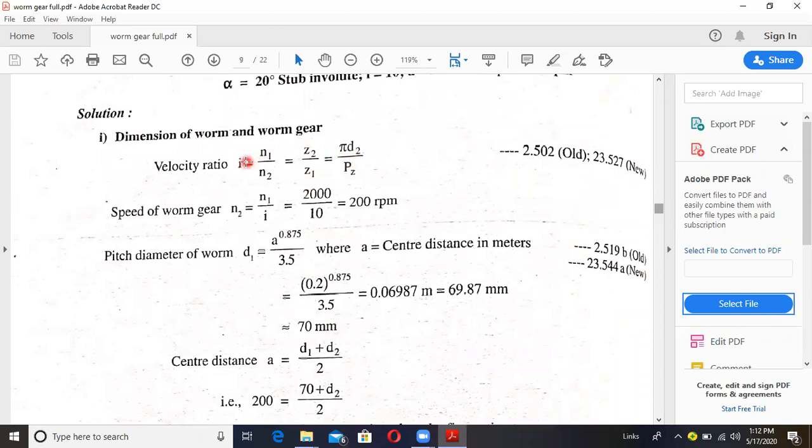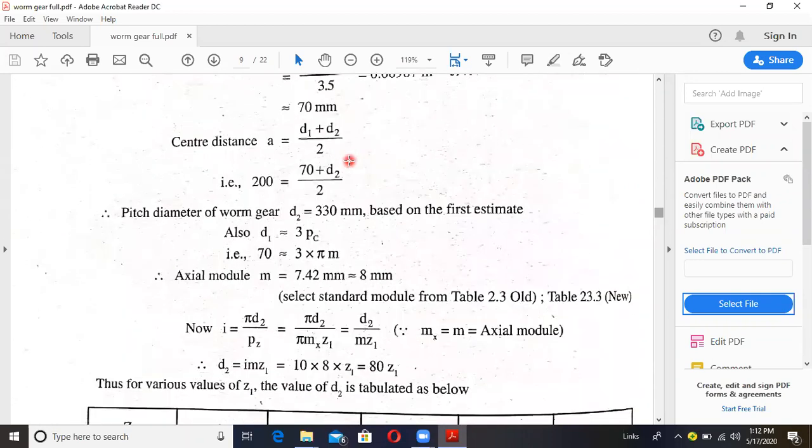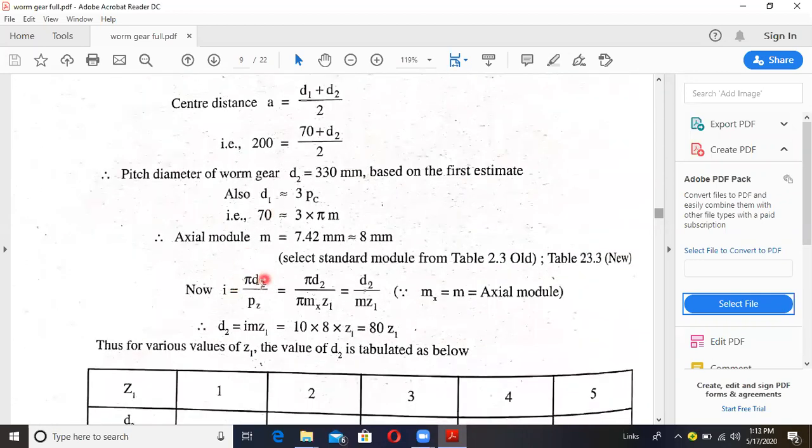We are taking this relation I is equal to pi D2 by pz, that is equal to pi D2 divided by pi into pz, where pz is nothing but mx into z1, from the formulas I told in the previous session. Here pi gets cancelled, so that is equal to D2 by m, D2 is equal to m into z1. We can write mx is equal to m, that is the axial module.